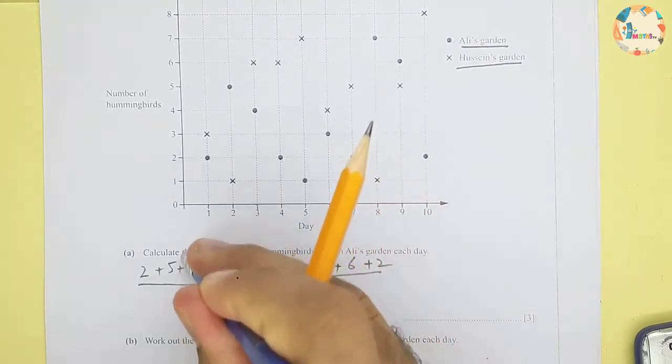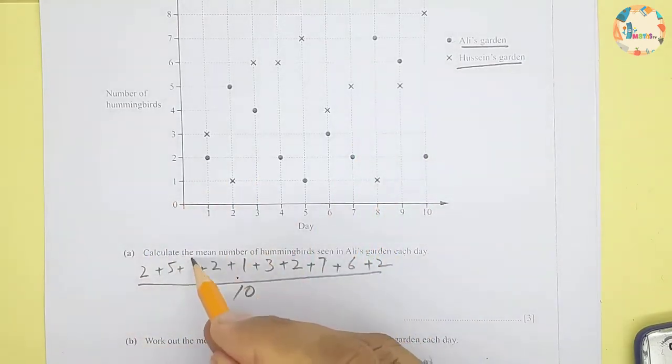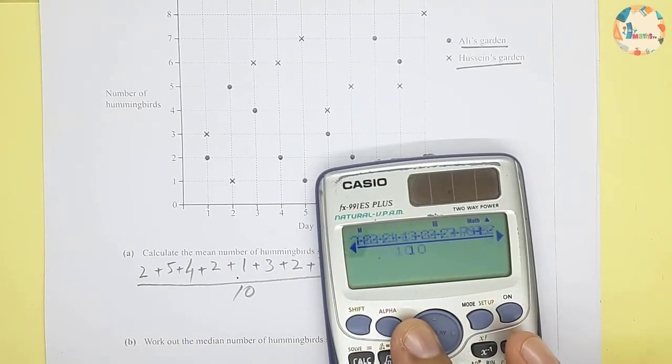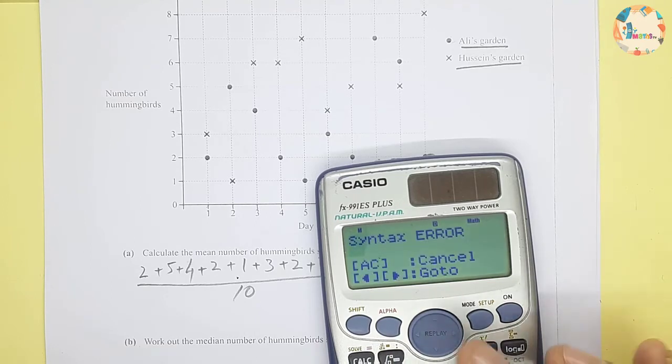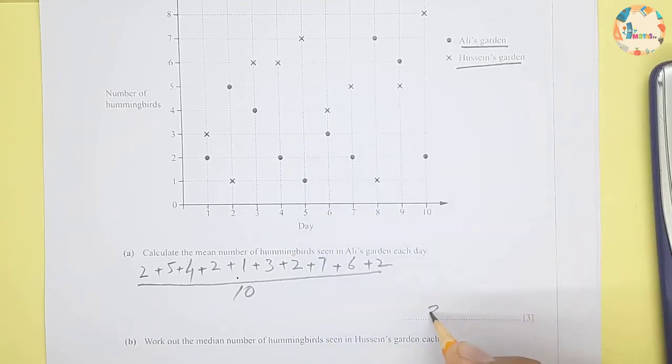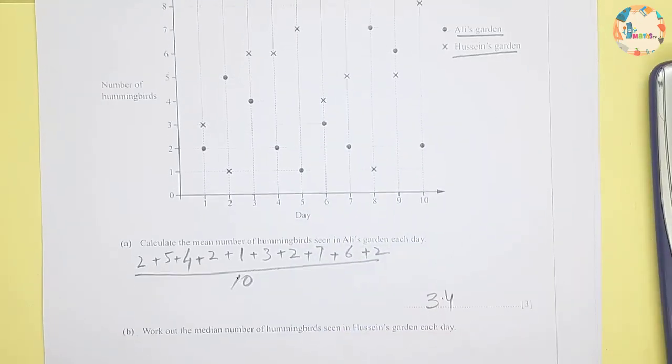Instead of 3, it should be 4. Now we can change this value over here, instead of 3, it will be 4. So now this will give us 3.4. This is the correct value, so 3.4 will be our answer.